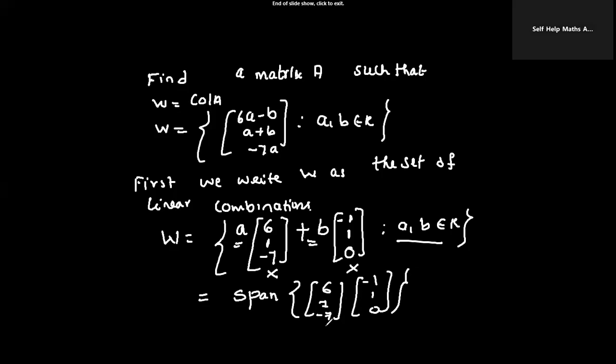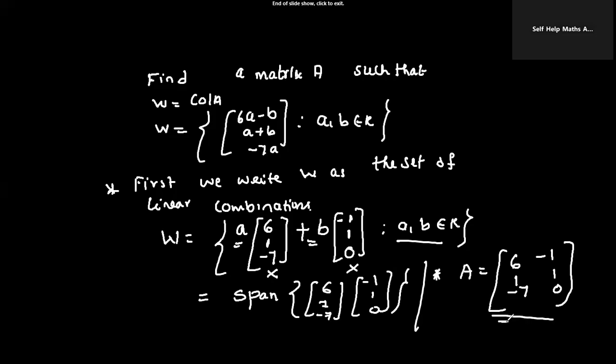This is the first step we have done, and the second step is to use these spanning vectors as the columns of our A. That is what the definition says: the vectors in the spanning set are the columns of our matrix A. So let us write the required matrix A, with columns (6, 1, -7) and (-1, 1, 0).